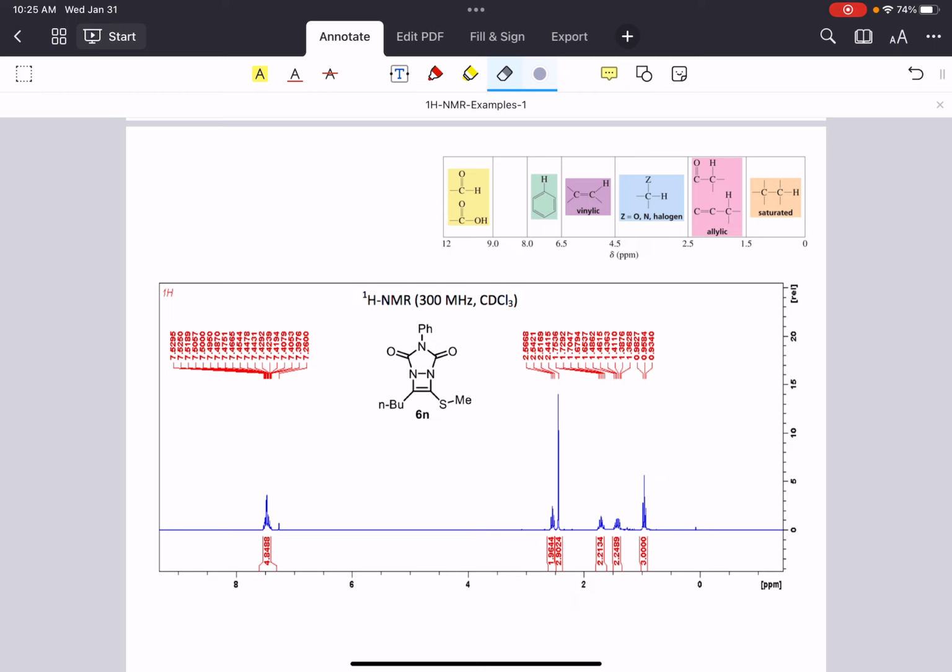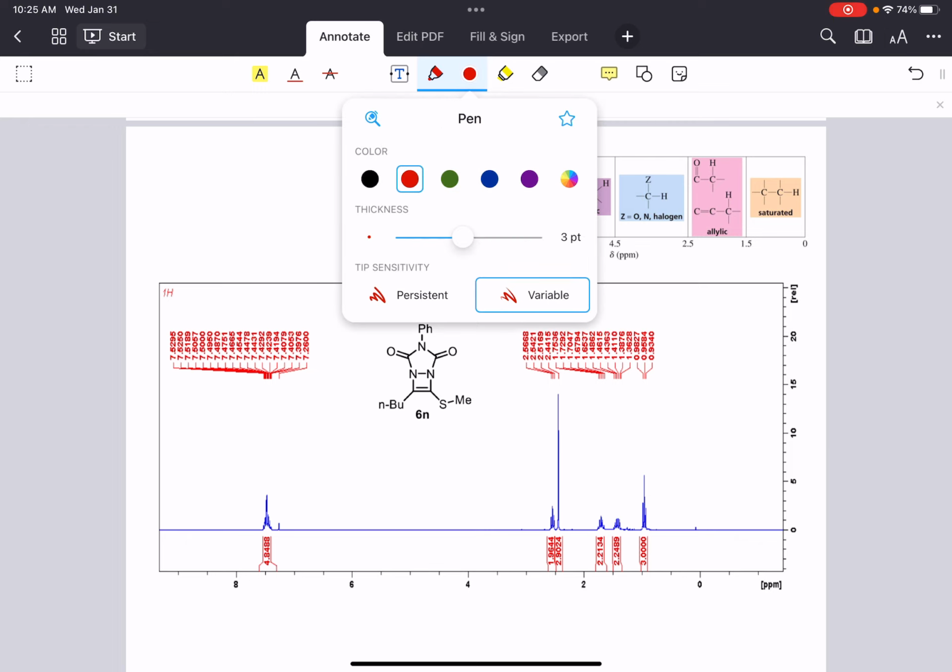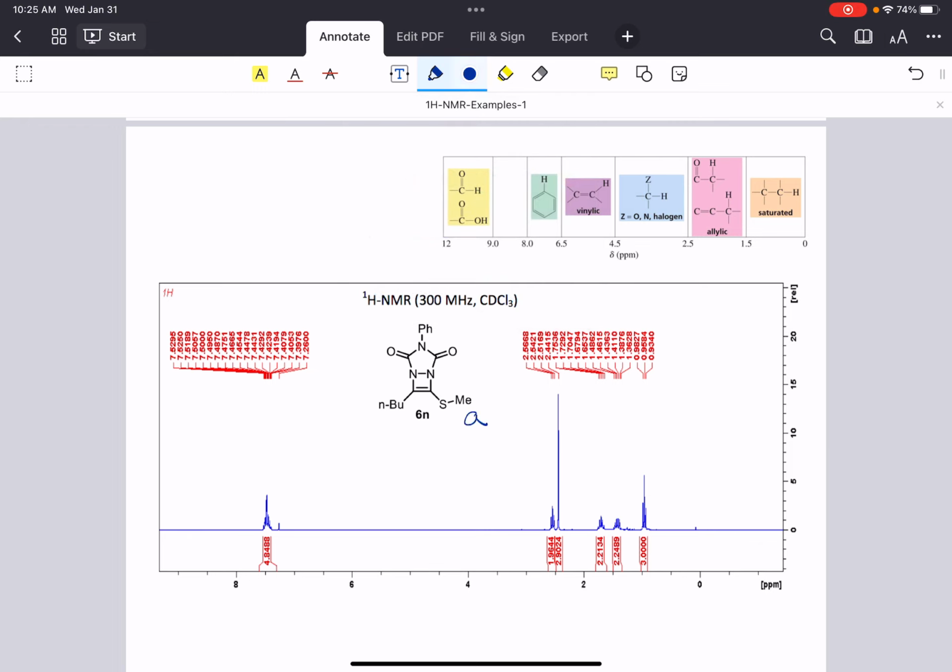All right, so if we look at this structure in terms of the signals we would expect, the first signal we would think about seeing is this methyl group directly attached to sulfur. We can call that signal A. This N-butyl group is a 4-carbon chain hanging directly off of that carbon-carbon double bond in that 4-membered ring.